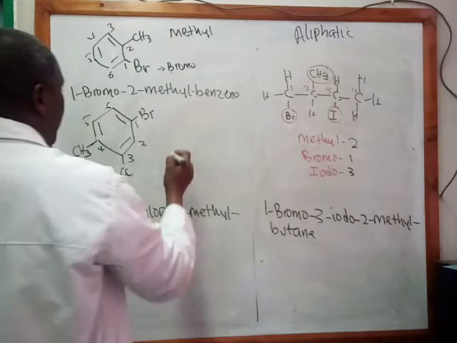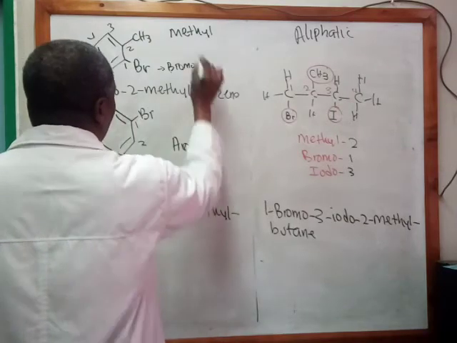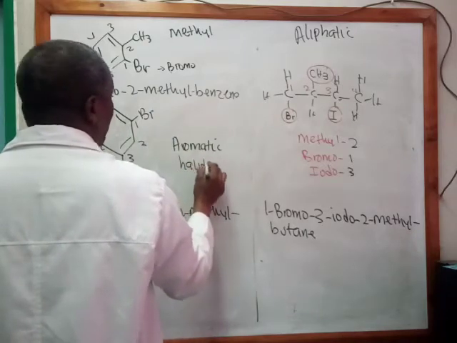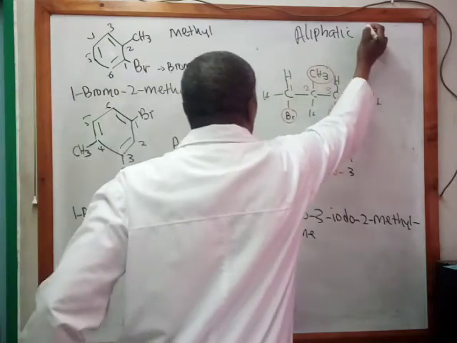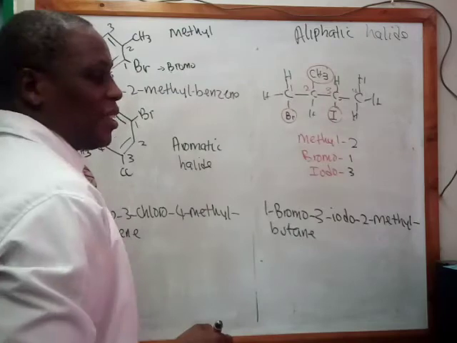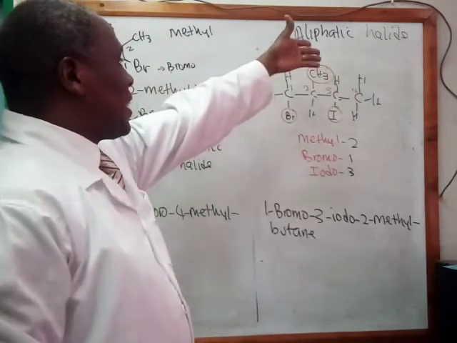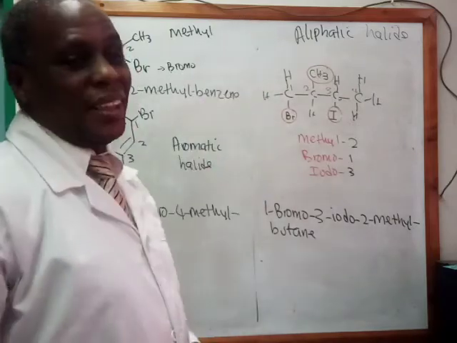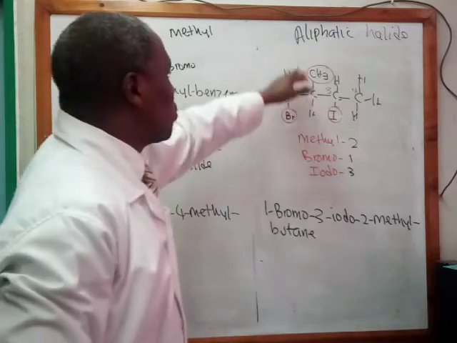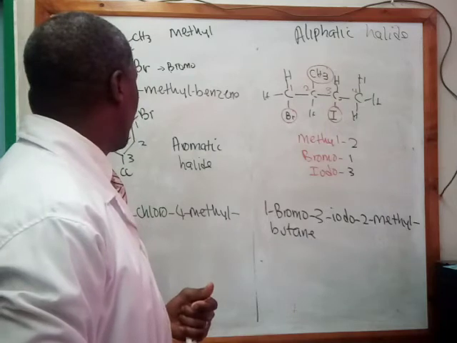So this will be called aromatic halide, and this will be called aliphatic halide. It's a halide, but it's on a chain which does not have a benzene ring. So you're going to hear this word aliphatic, or you're going to get the name aromatic.